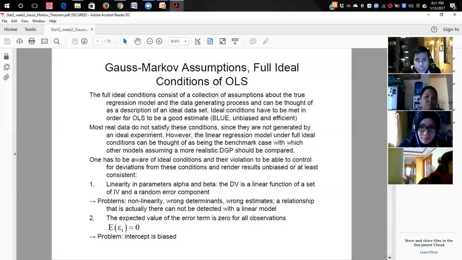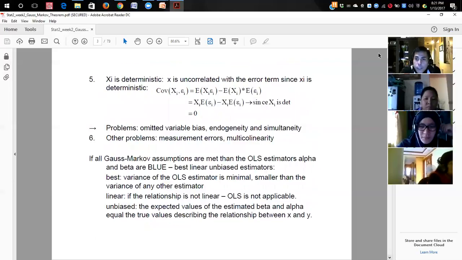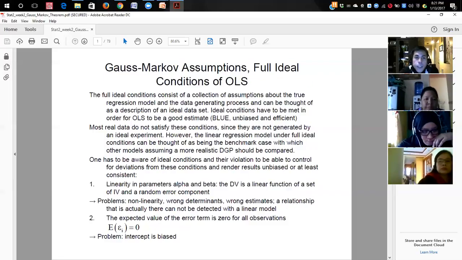The first assumption, number one, is linearity in the parameters, the alpha and beta: the dependent variable is a linear function of a set of independent variables and a random error component.